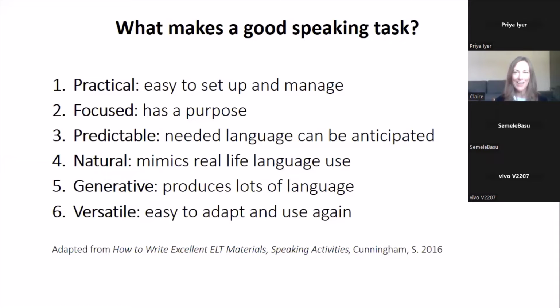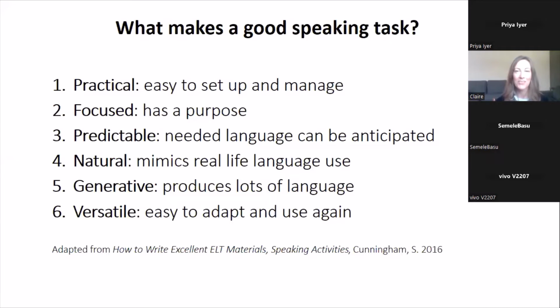So we're moving now to the stage where I'm going to show you and demonstrate some activities. As I said, you don't need to speak in these activities, but just so that you can understand how they work. They don't require a lot of planning or preparation. The resources you need in most cases is just your students, you, the classroom, a board, and many of them use a textbook as well, or another picture or image.